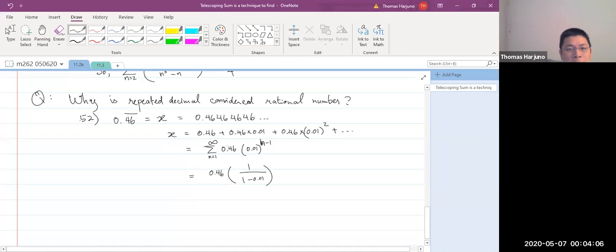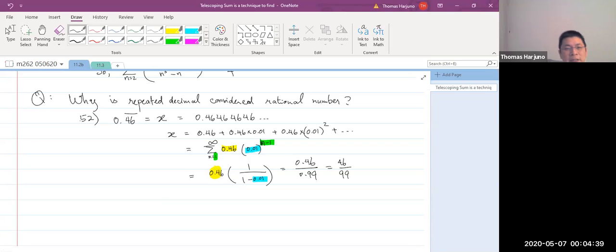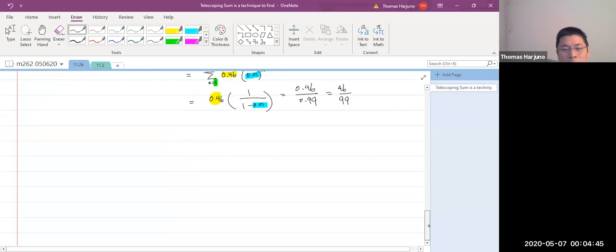The first term is 0.46. The ratio is 0.01. Of course, we need to pay attention that it starts from 1 here, and this is n minus 1. But when I compute this, this is 0.46 over 0.99, which is 46 over 99. That's the fraction. This is in line with the technique that we learned in this section from geometric series.